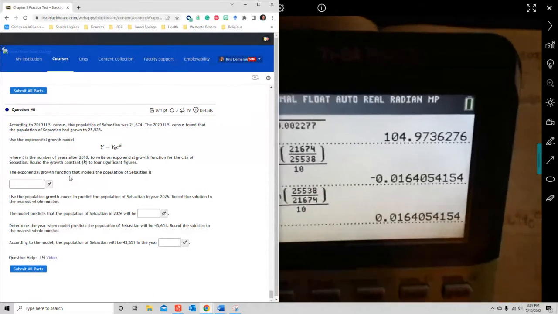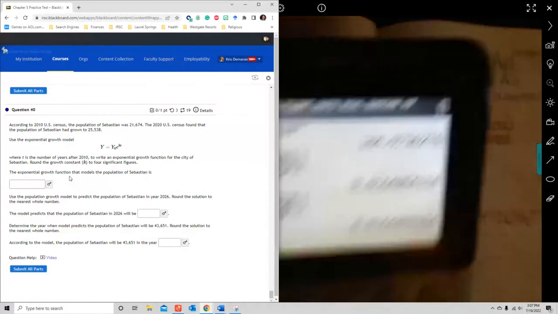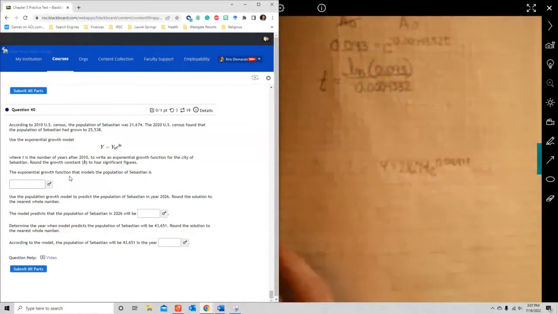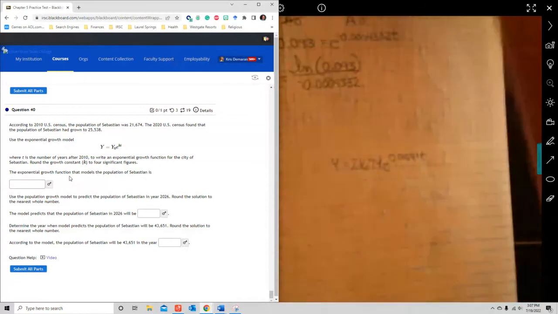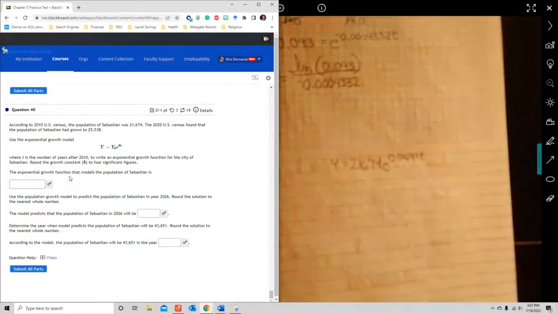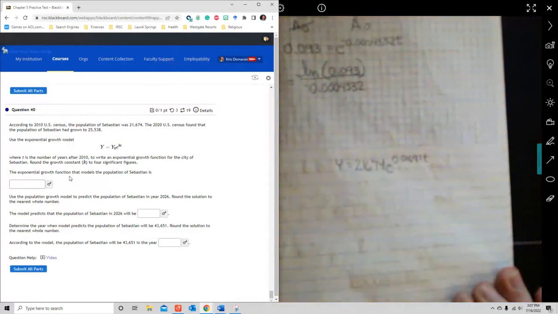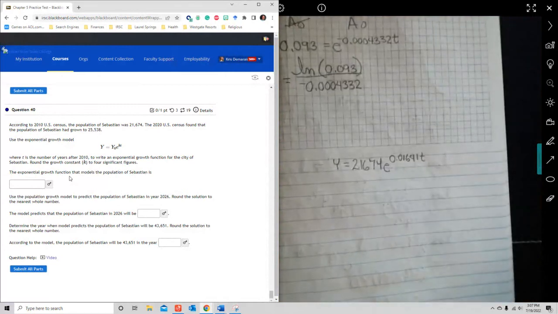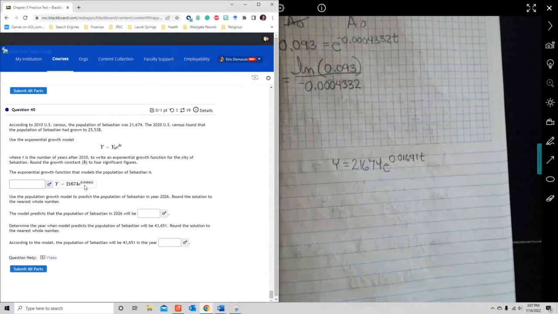And then, of course, we have T. Okay, so that's the equation that we need. All right, that's the equation that we need. And so that's what they're looking for here.